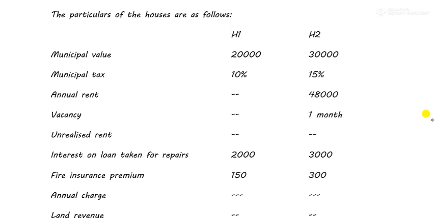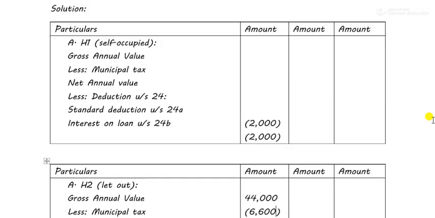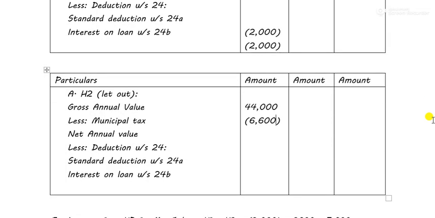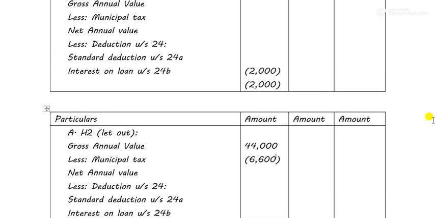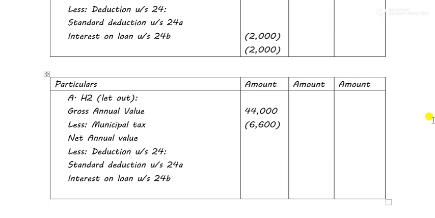I put here my gross annual value 44,000 and less municipal tax 6,600. Now my net annual value will be 44,000 minus 6,600, that is 37,400.